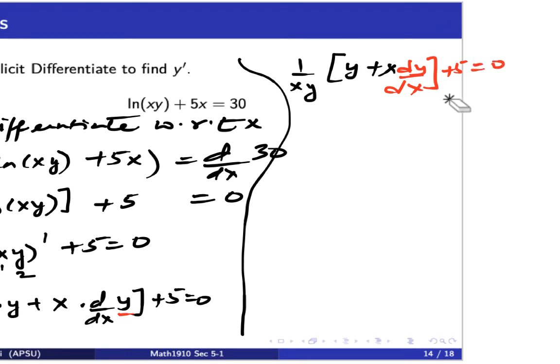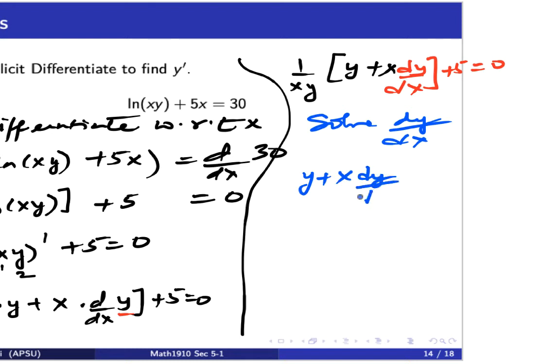Okay, now you just take the 5 to the other side and get dy by dx on its own. So basically, we have to solve for dy by dx. So it's going to be y plus x times dy by dx equals minus 5, and this was in front of 1 over xy, and it's a minus, guys, here.